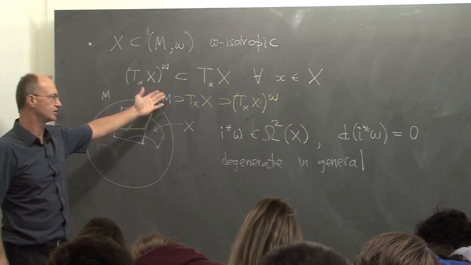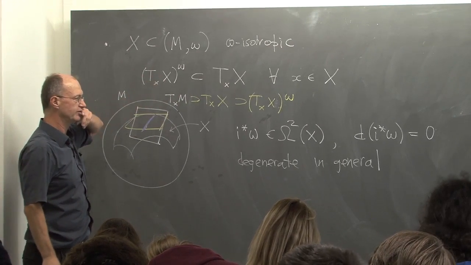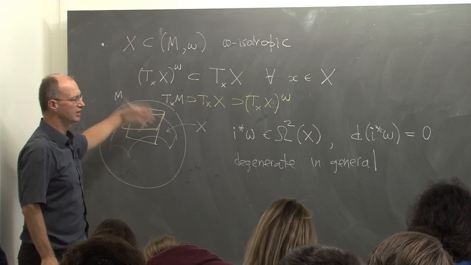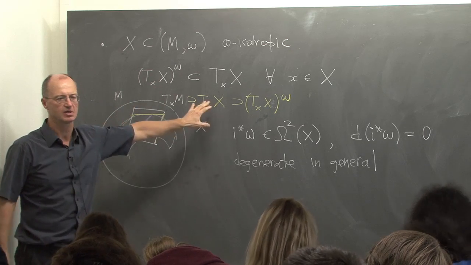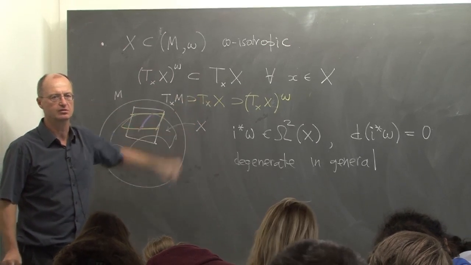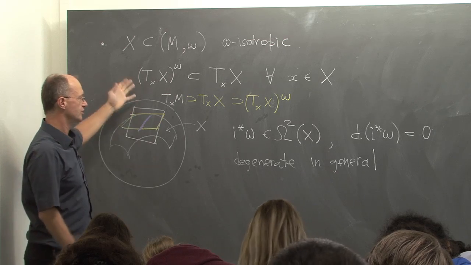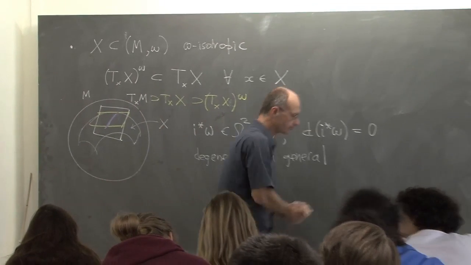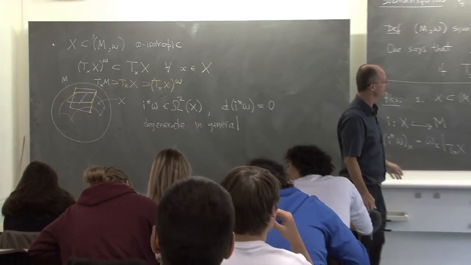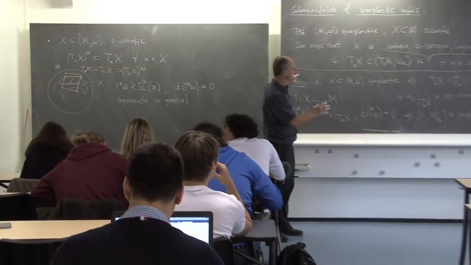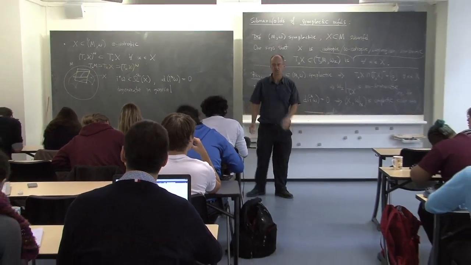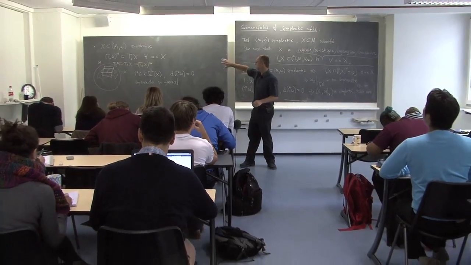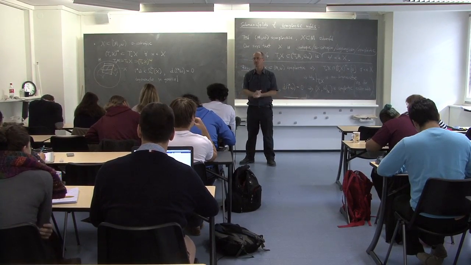That's one of the questions maybe for the next problem set, and also for us to discuss next time: how this degeneracy of the form on coisotropic submanifolds looks like. So let me stop here. We'll continue this discussion next time, and also you will see some of these things in the problem set.